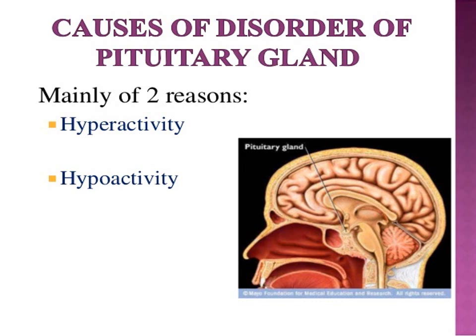Basically, this is the skull, and it shows the pituitary gland, which is the size of a pea. It is inferior to the hypothalamus and resides in the sella turcica, and about 75% of the pituitary gland comprises the adenohypophysis, the anterior pituitary gland.